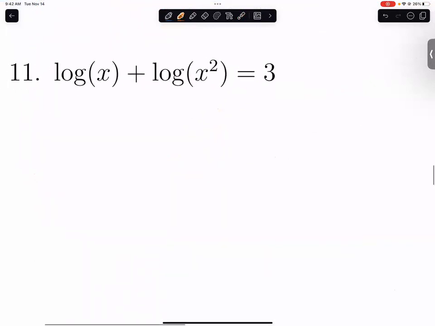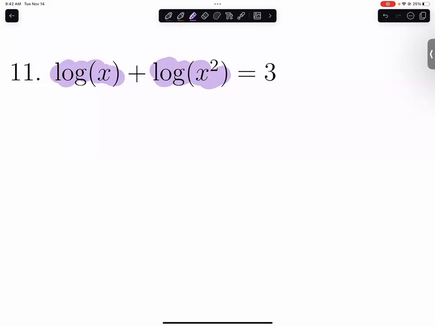How is something like 11 or 12 different? So what I see right here is that it shares x. There are 2 separate logs. They both have an x in them. I'm solving for it, right? So they both have the unknown inside that log.